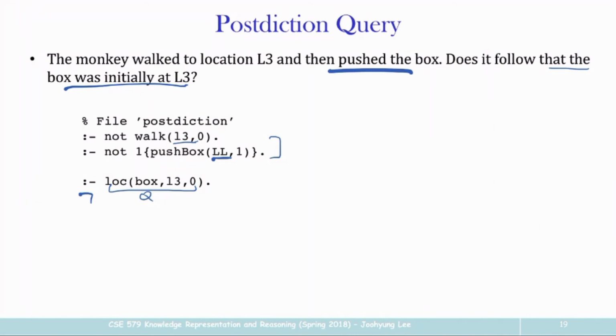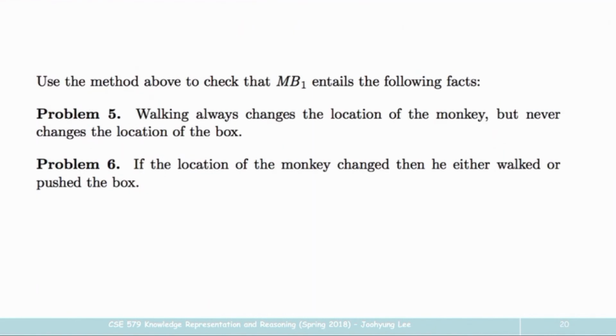Okay? Question? All right, so then it's your turn as homework. So I'm going to ask you to do these two problems, in addition to, of course, other problems. Here, you have to formalize these problems in the same way that I just described, and check the claim using Clingo. So here's the knowledge that you have to represent.